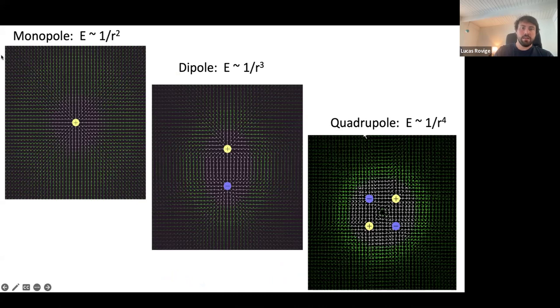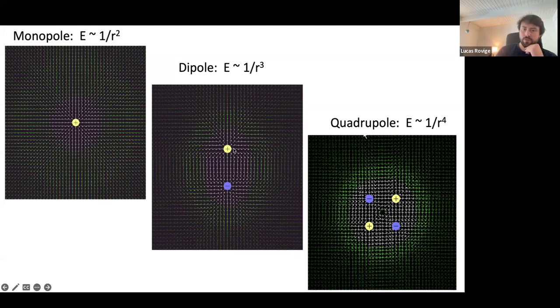Okay, and here you see the electric field represented for three different configurations. Here we have the monopole, which is just a fancy name for a single, isolated particle. So here a plus charge, and the distance dependency of the electric field is in 1 over r squared.